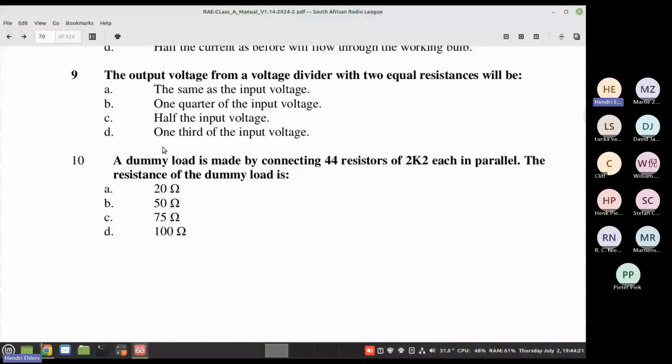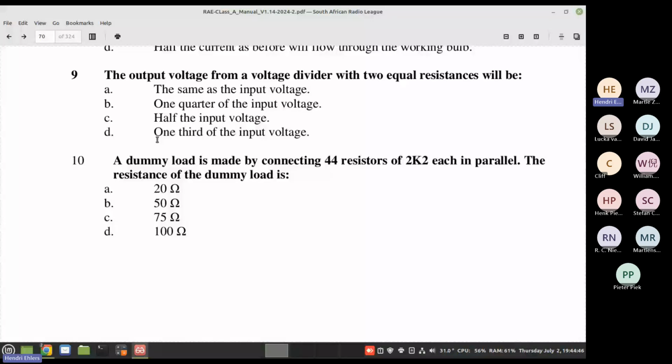So C is indeed correct. The output voltage from a voltage divider with two equal resistances will be... I said that. A, I think.